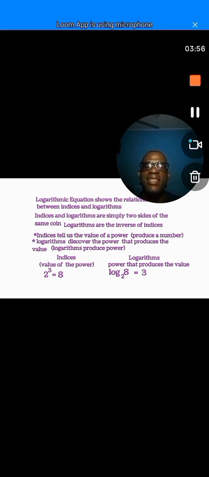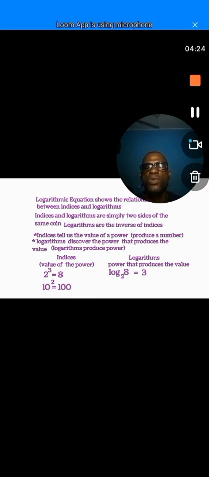The indices produce a value. Did you understand? 2 raised to power 3 is equals to 8. That is the value of 2 raised to power 3. Then log 8 base 2 is equals to 3, which is the power.